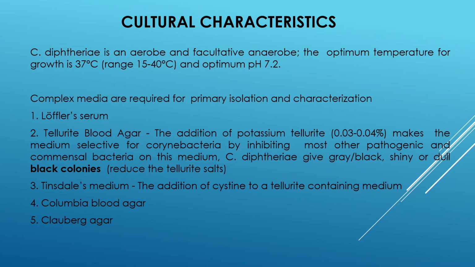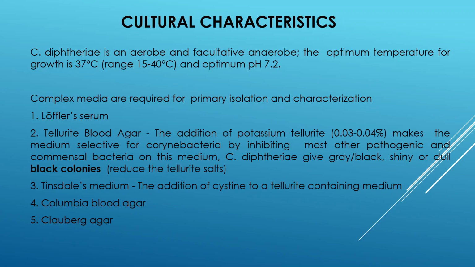Cultural characteristics: Corynebacterium diphtheriae is an aerobe and facultative anaerobe. The optimum temperature for growth is 37 degrees, range 15 to 40 degrees, and optimum pH 7.2. Corynebacterium diphtheriae doesn't grow on simple nutrient media and needs complex nutrient media for cultivation.